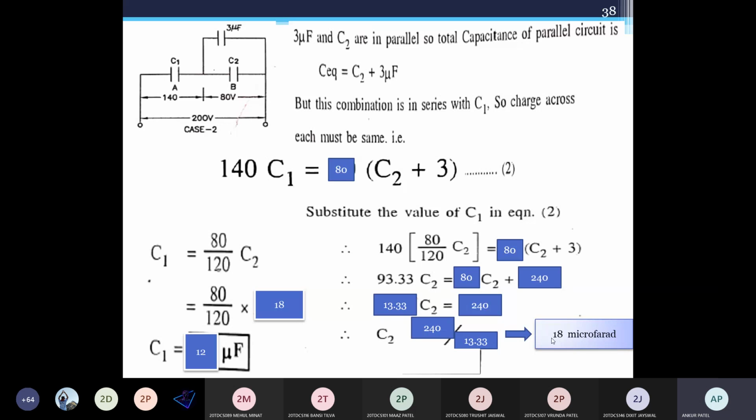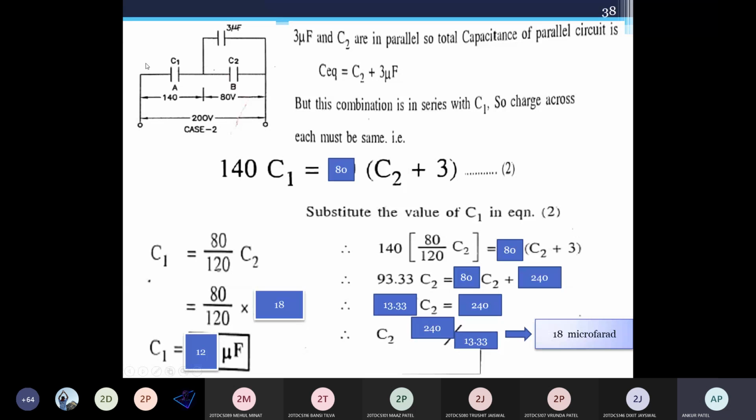Are you getting 18 for C2? Yes, sir. And we know the relation C1 is equal to 80 upon 120 into C2. So just substitute 18 here, and we get 12 microfarad for C1. So C1 is equal to 12 and C2 is equal to 18.